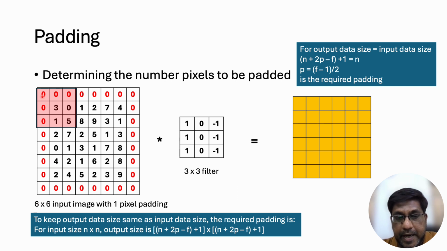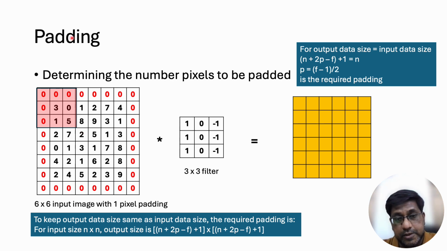We use a padding layer of 1 pixel all around the input image, and performing the convolution with the same 3x3 filter results in an output image which is also 6x6, the same dimension as the original input image before padding. So there can be situations where we want the output dimension to be the same as the input dimension, in which case padding is quite useful.